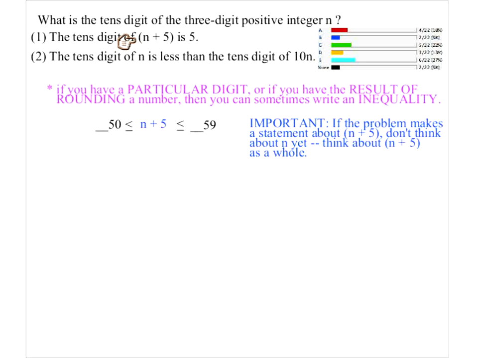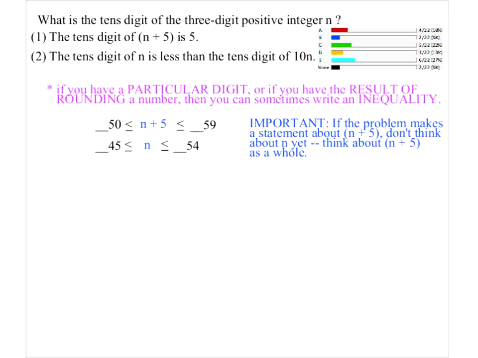Okay, good. So now we can just solve this like an inequality. We can subtract like we normally do. By the way, you don't have to break these apart to solve them. I know there are some people with the bad habit of thinking that you actually have to break this into two inequalities to solve it. You don't. If you have this kind of thing, you can just subtract 5 from everything at once. So it's something 45 on this side and something 54 on the other side.